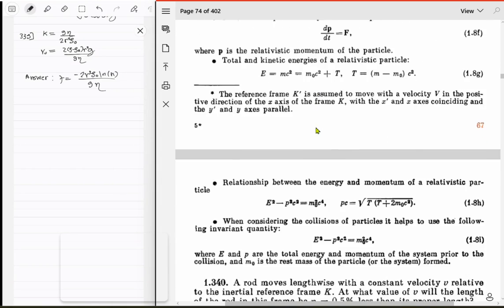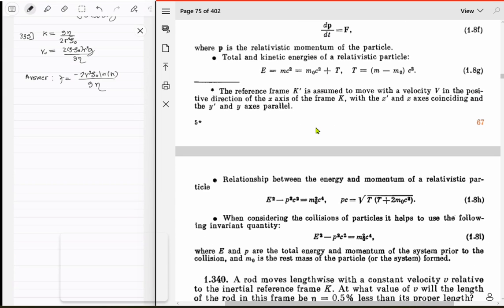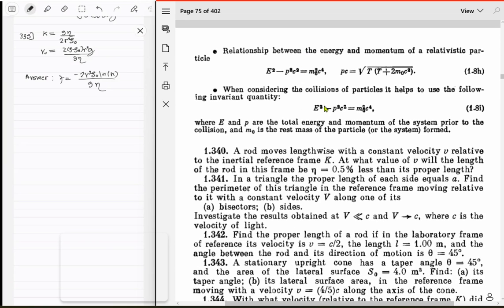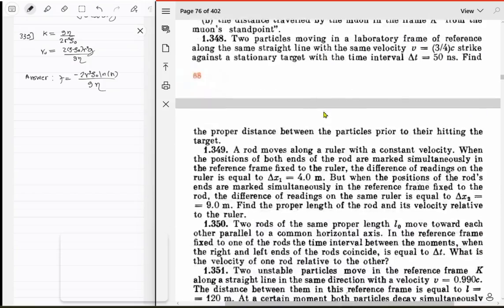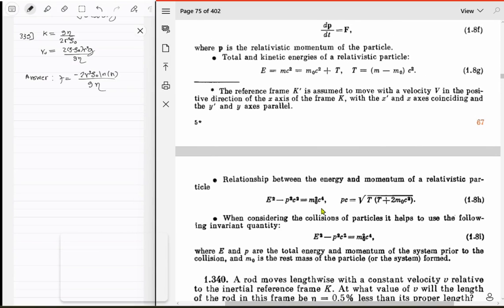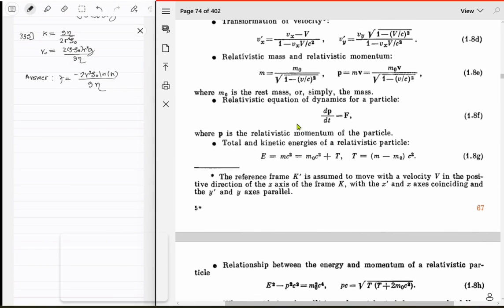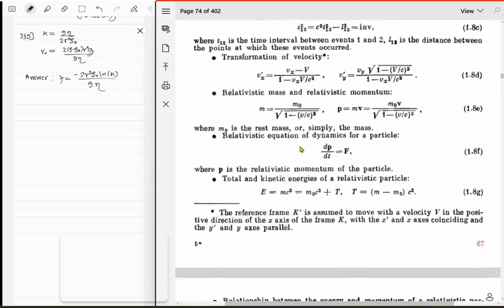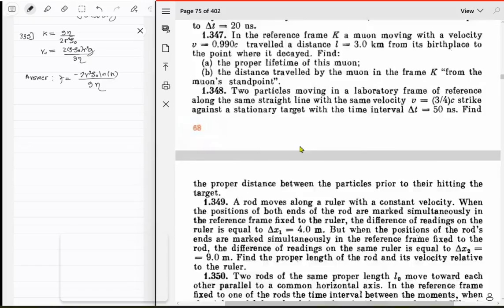I'll do it much later. Okay, this does look interesting though. I have a bit of experience with Lorentz transformations, not with this stuff, but who knows? Maybe I'll do it in proper detail at that time. Anyway, so we won't be doing this.